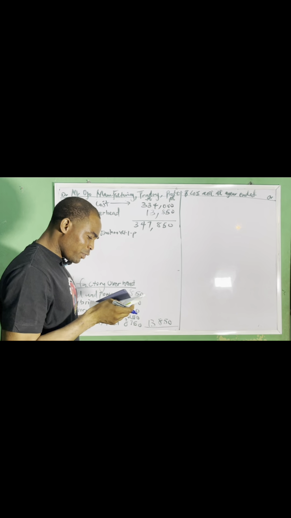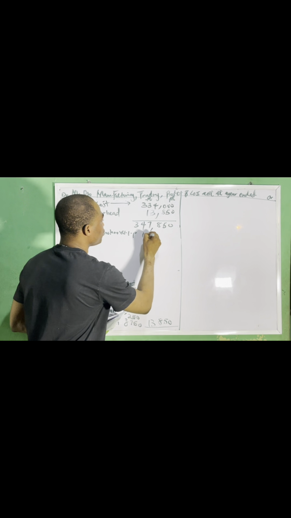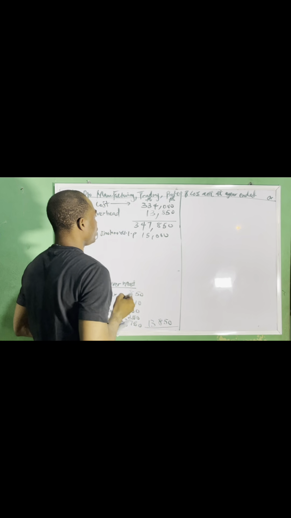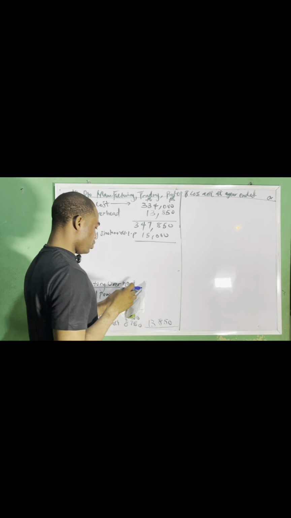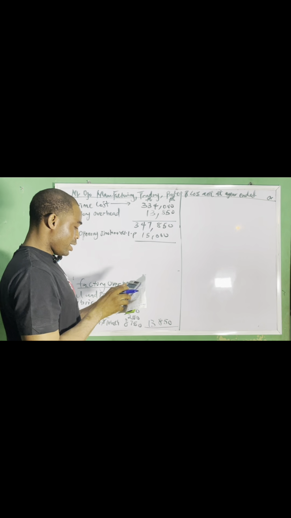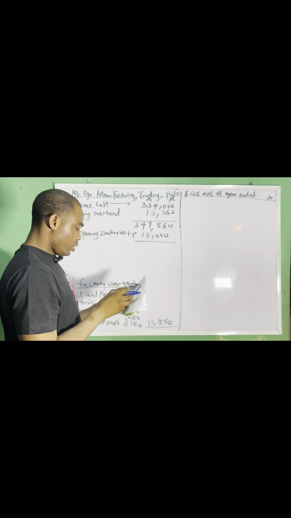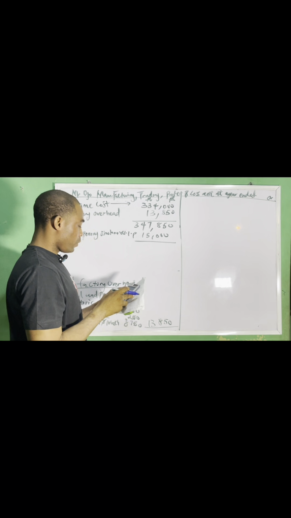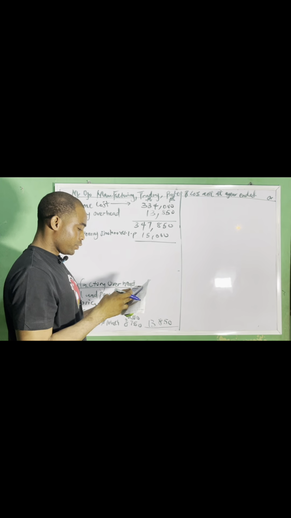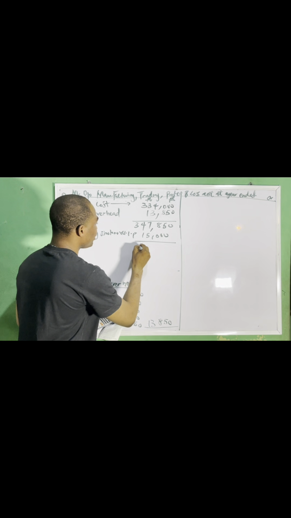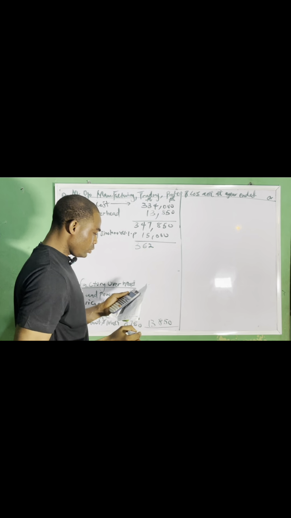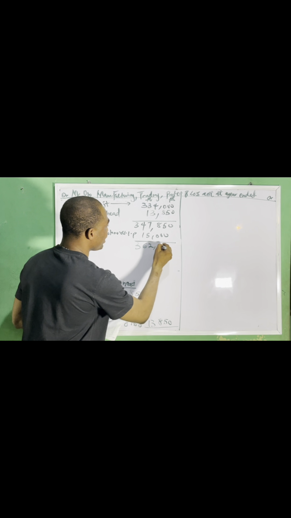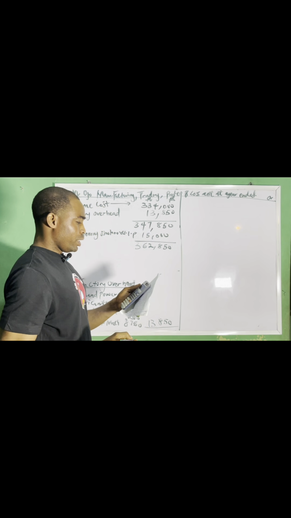That is 15,000 naira. So when you add this, 347,850 plus 15,000, you have 362,850.